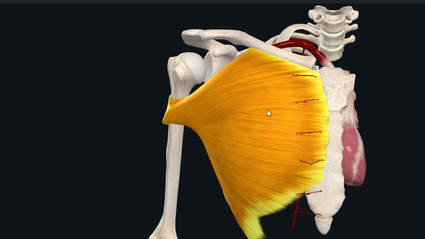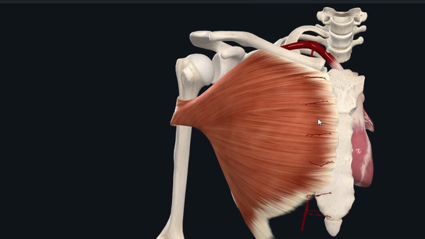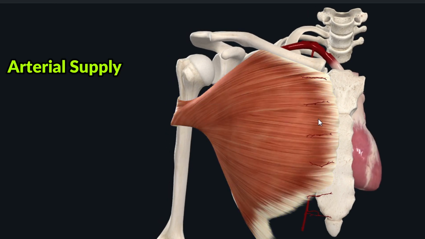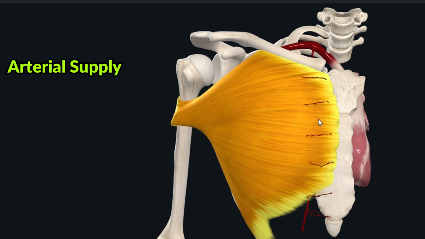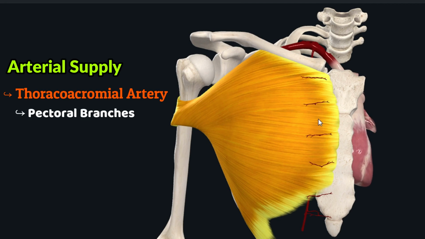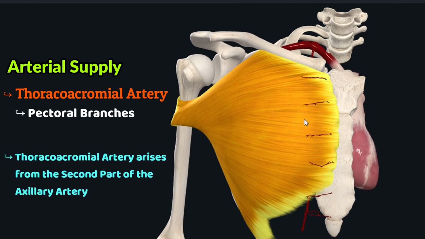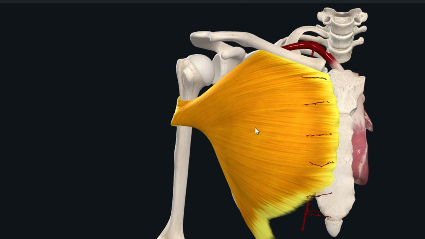Proceeding towards the vascular supply, the pectoralis major muscle is supplied by the pectoral branches of the thoracoacromial artery, while the thoracoacromial artery arises from the second part of the axillary artery. Let me remove this muscle so that the arteries are a bit more visible.